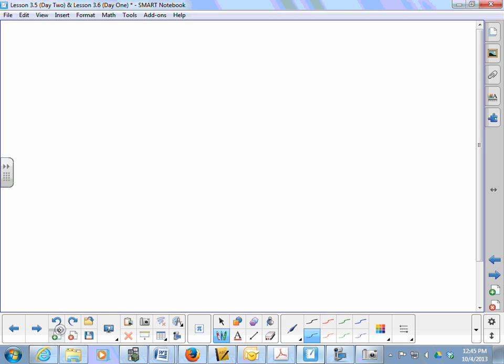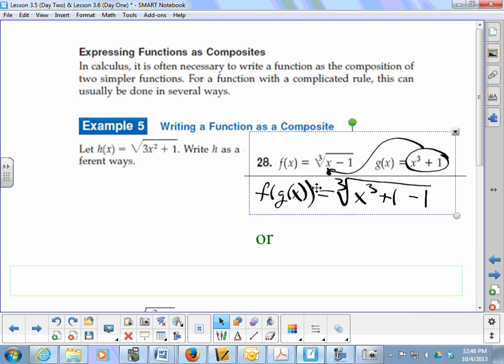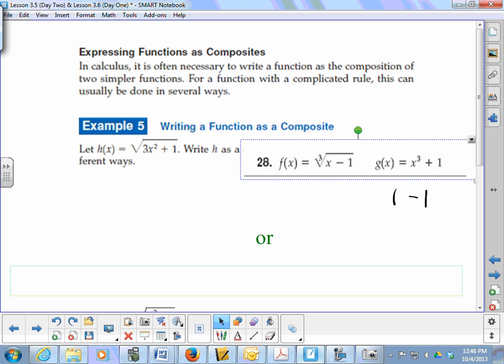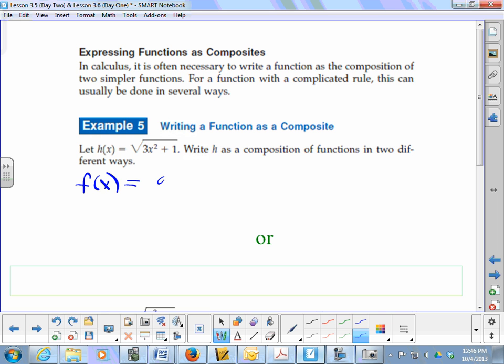So I'm trying to find f of x and g of x so that when I do f of g of x, I get h of x.